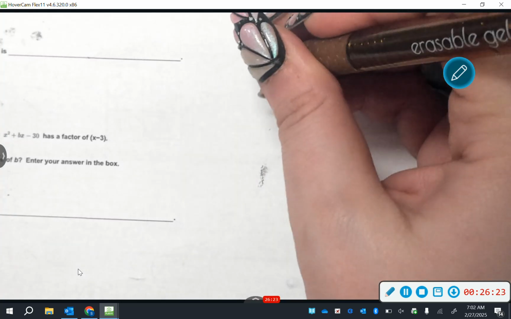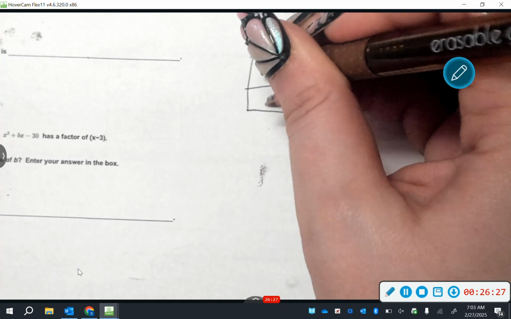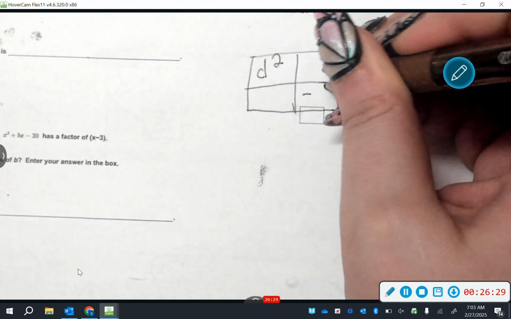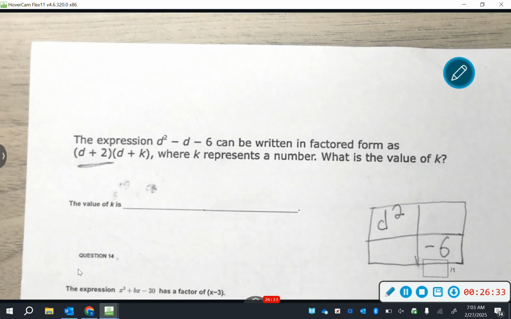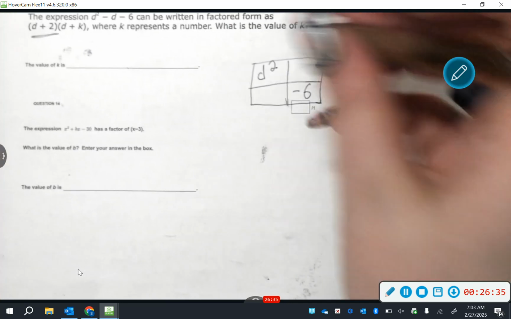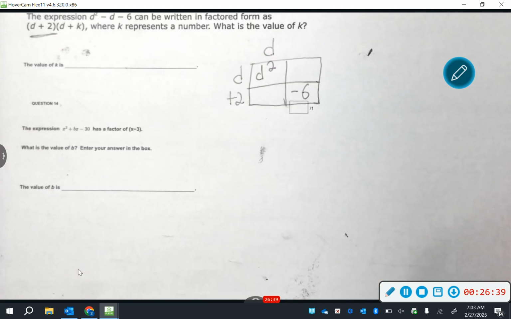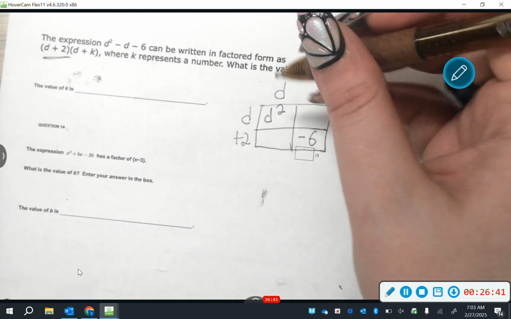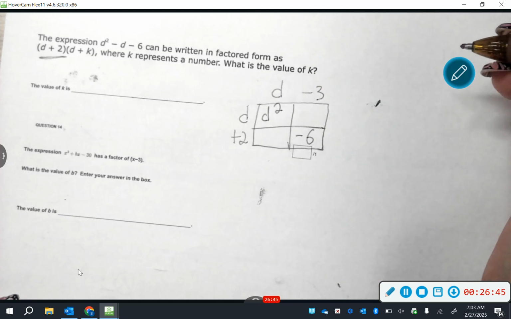Okay, so we have d squared, right? We have minus 6. I already told you one of the factors has to be d plus 2. So I'm going to write down d plus 2. Well, d times d is d squared. 2 times negative 3 gets us negative 6.